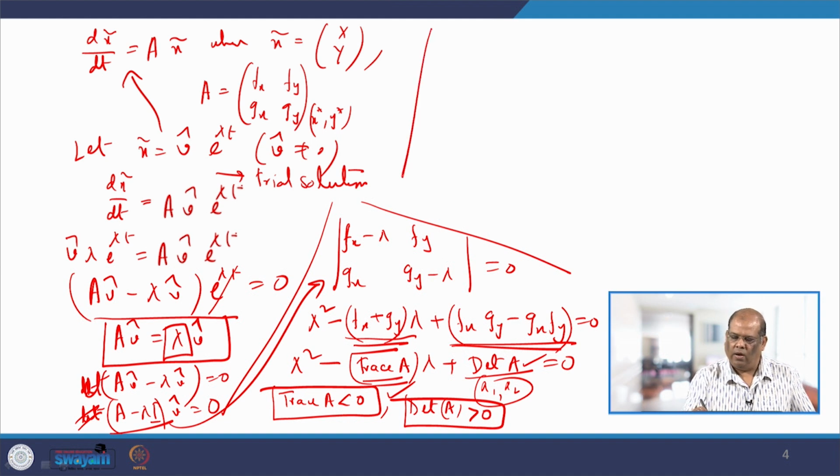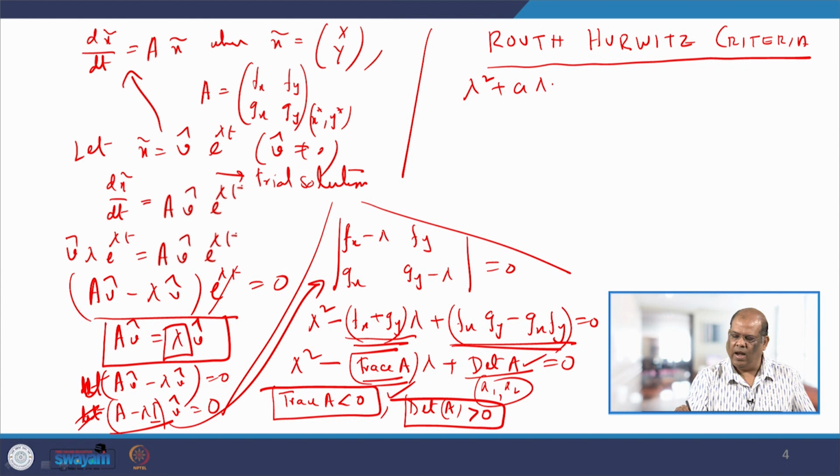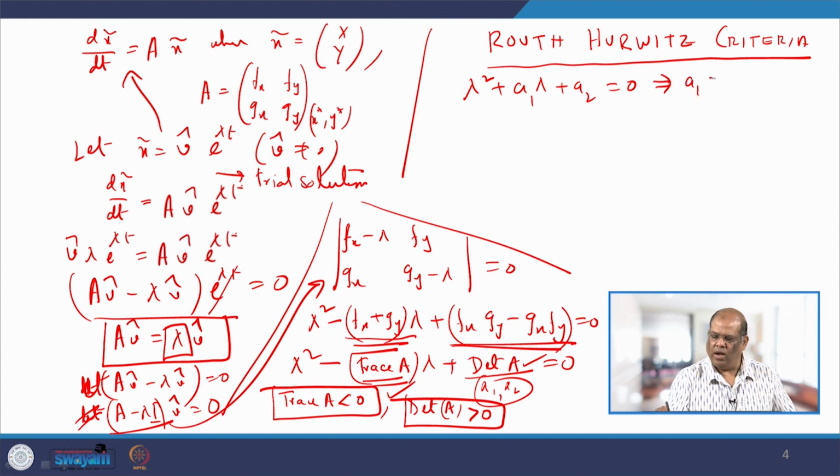Now, this criteria or this condition is known as the Routh-Hurwitz criteria. So, for two equations, if your characteristic equation is of the form lambda square plus a1 lambda plus a2 equal to 0, then the condition that the system is stable is a1 is positive and a2 is positive.